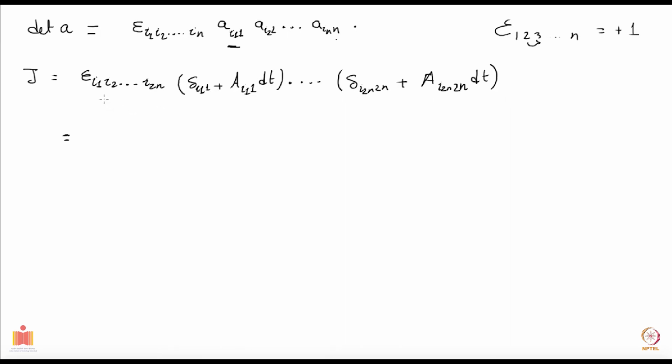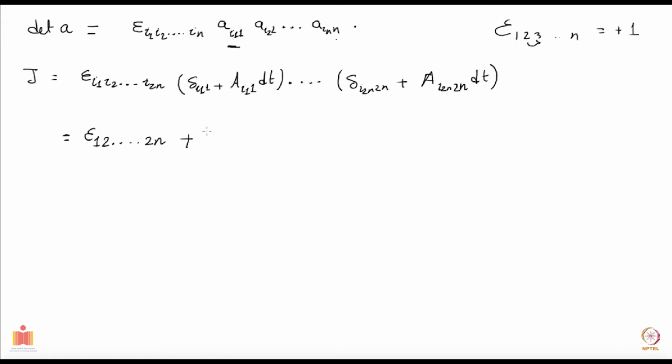The deltas will force i1 to be 1, so it will become epsilon 1, then i2 will be forced to 2, so it will become epsilon 1 2, and similarly i2n will be forced to be 2n. So one term you are going to get is epsilon 1 2 and so forth up to 2n. That's the term without any dt.